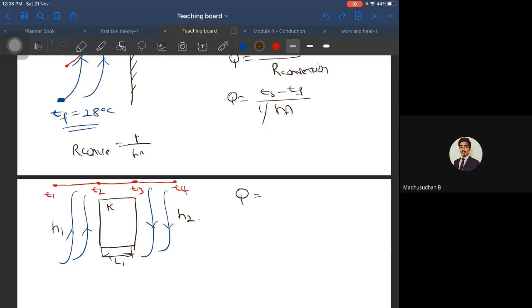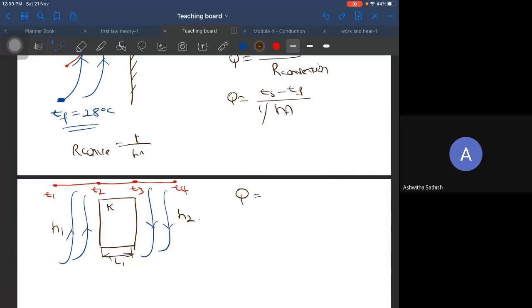How? It can be divided into three different parts: first for H1, then K, and then H2. What are you dividing, Ashwita?